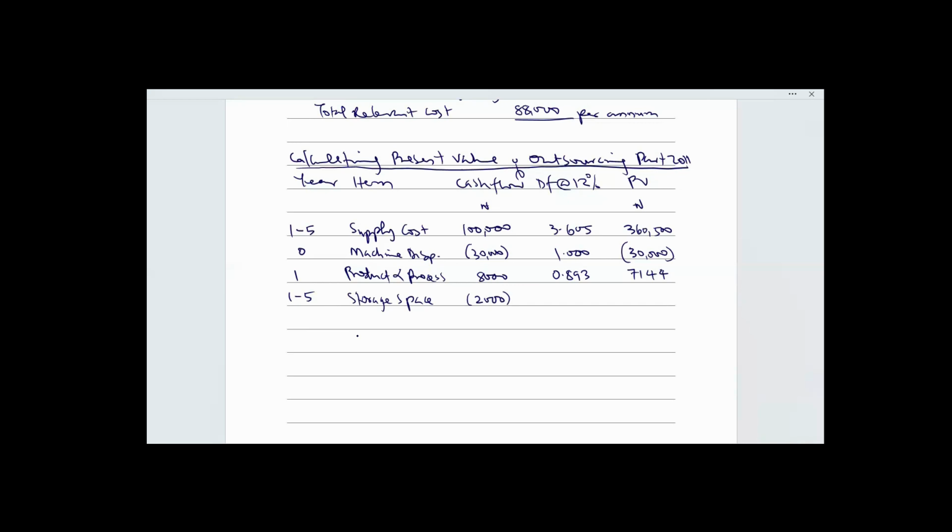So the annuity factor for years 1 to 5 is 3.605. Let's multiply that with 2,000: 3.605 multiplied by 2,000 equals 7,210. So it's a saving.